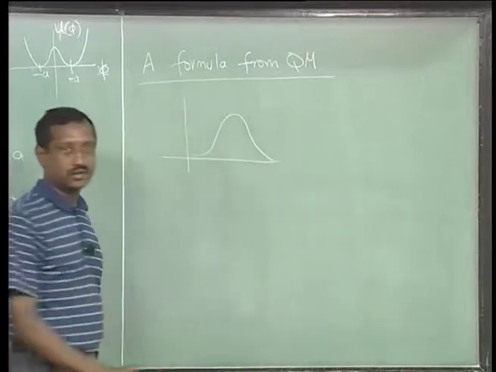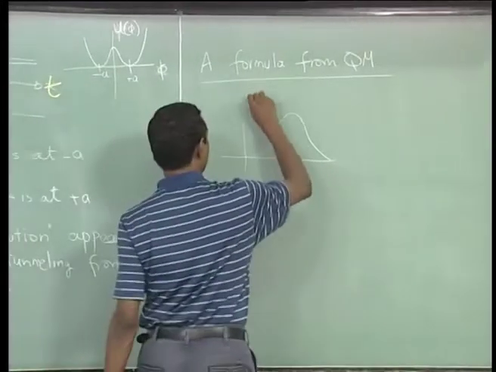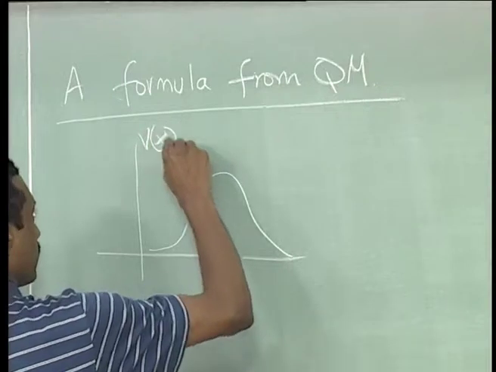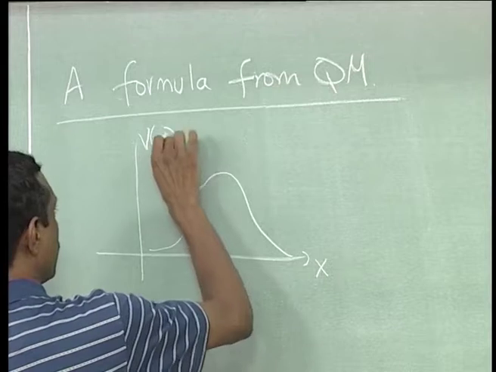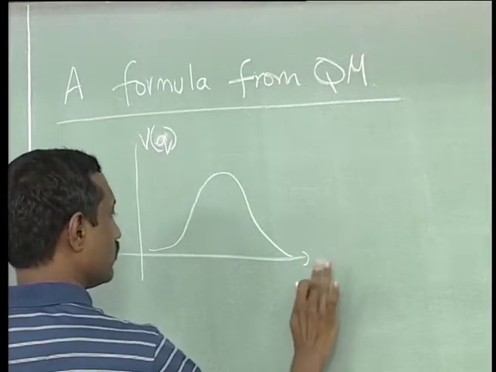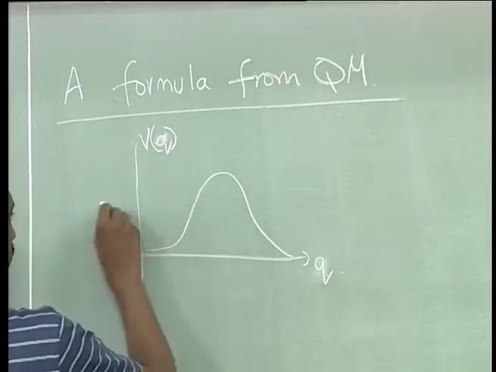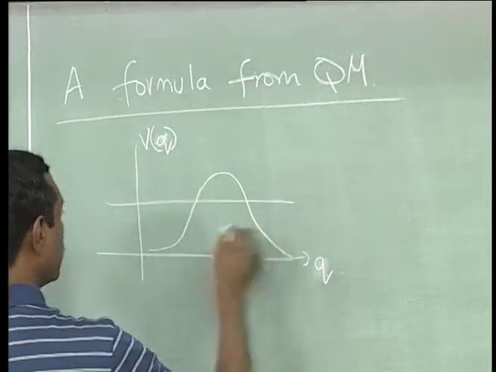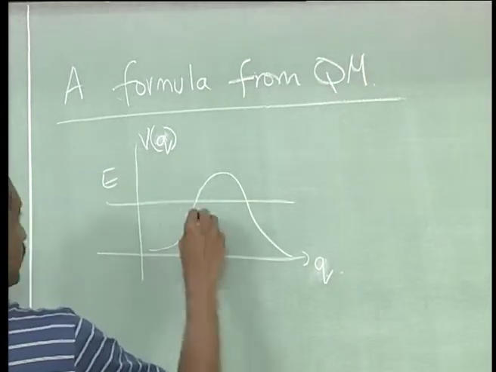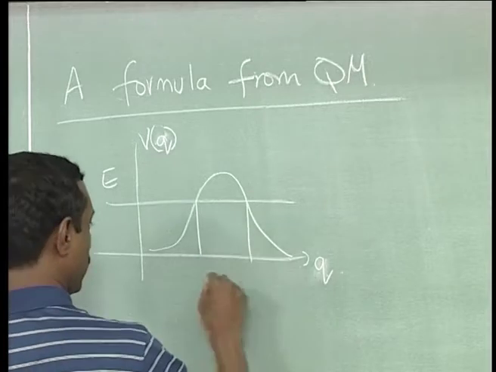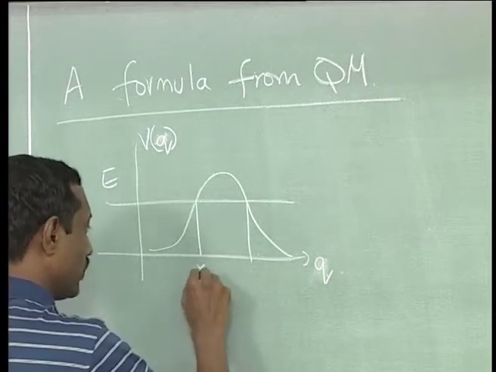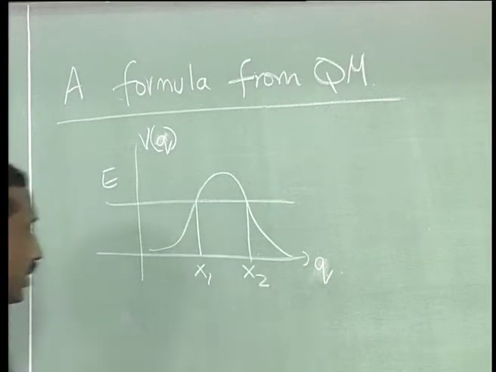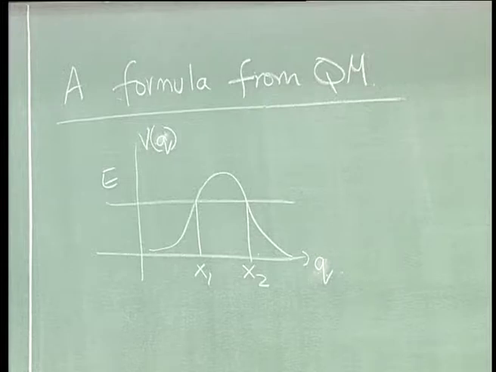You have some potential V of x versus x, or q, and you have some energy E, and classical turning points x1 and x2. You must have done scattering problems and worked out the tunneling probability.